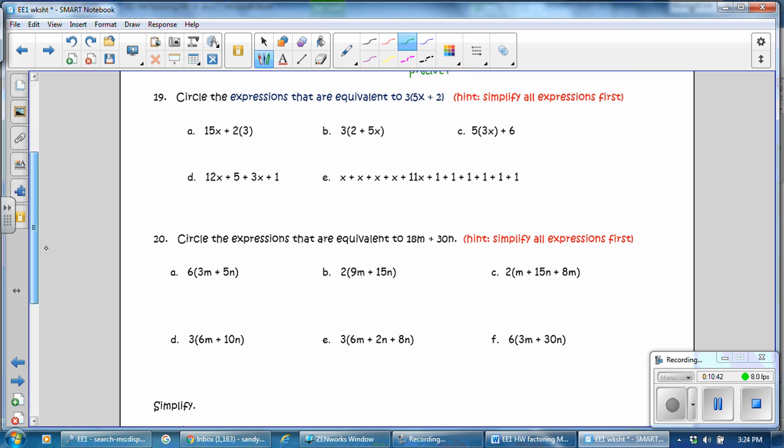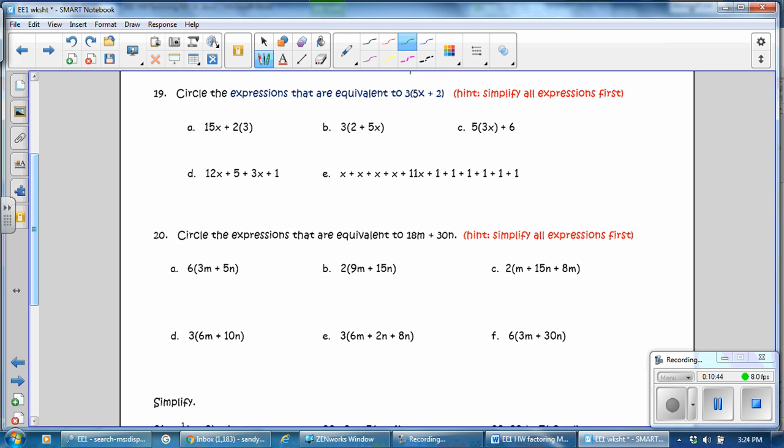Number 19. Circle the expressions that are equivalent to 3 times the quantity 5x plus 2. Hint, simplify all expressions first. To simplify this expression, I want to use the distributive property. And that means I want 3 times the first term plus 3 times the second term. The first term is 5x, the second term is 2. 3 times 5x is 15x. 3 times 2 is 6.